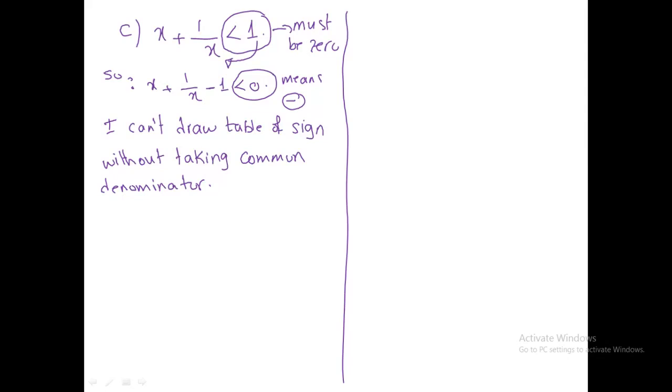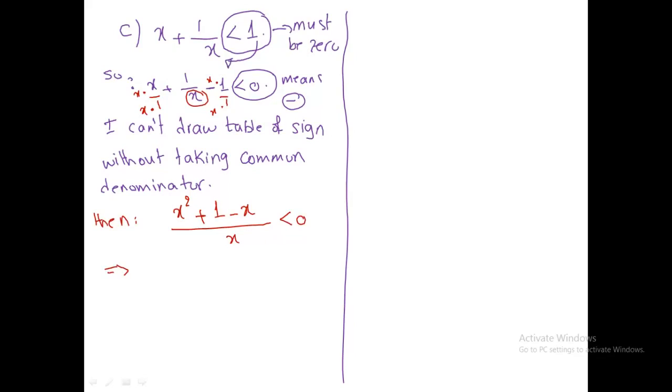So we have here x over 1 and this over 1. I will multiply by x, and here multiply by x, the denominator will be 1. Then this inequality will become x squared plus 1 minus x over x less than 0.